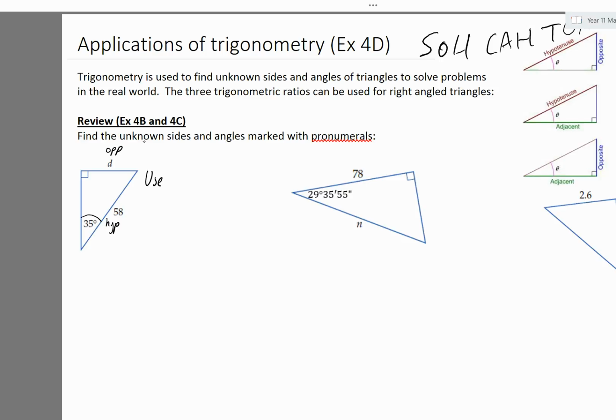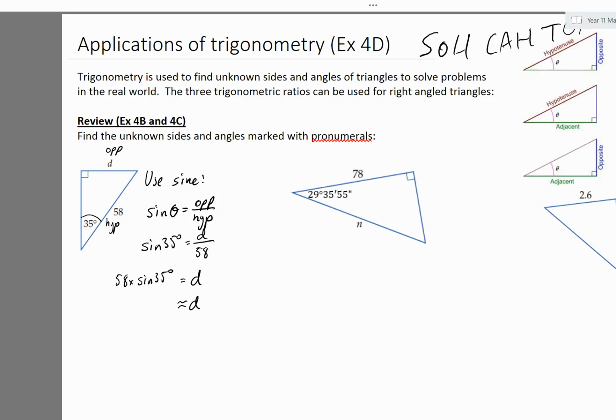State the rule for sine, opposite over hypotenuse, and then substitute in all the values. I know that the angle is 35 degrees, the opposite side is D, and the hypotenuse is 58. So I'll be able to find D by multiplying both sides by 58.